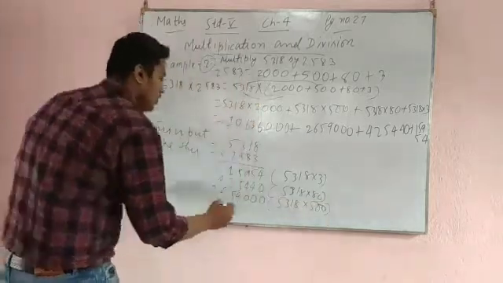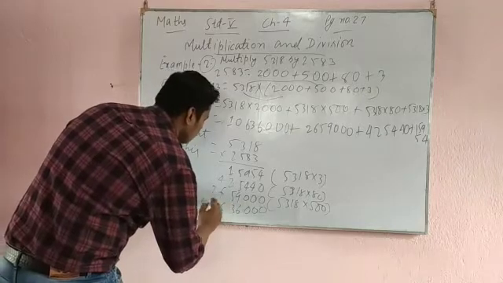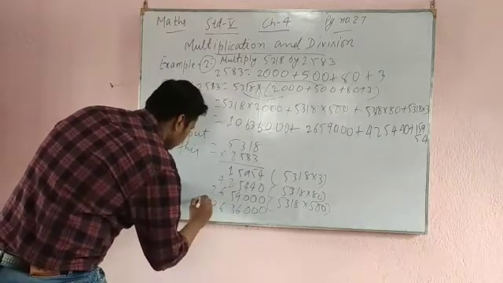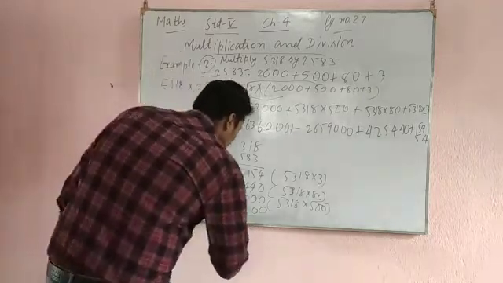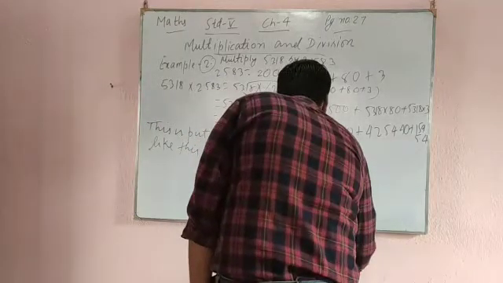And the last one is 10636000, which means 5318 into 2000.